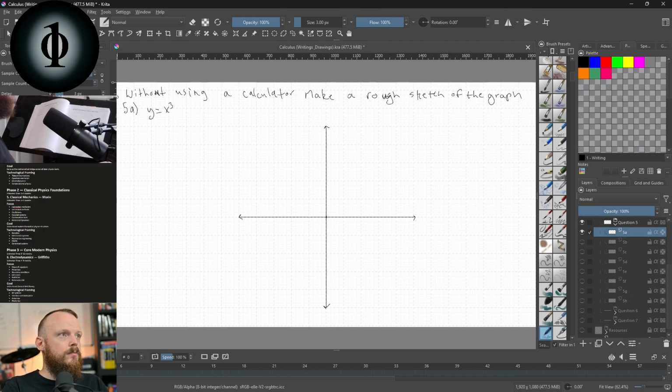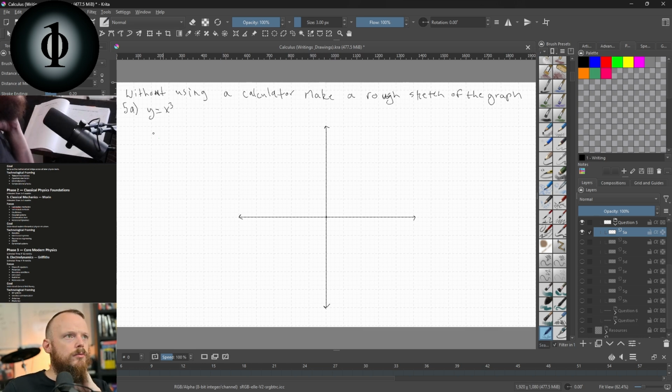Let's turn this up. Looks like I'll be using weighted right, maybe stabilizer to draw.